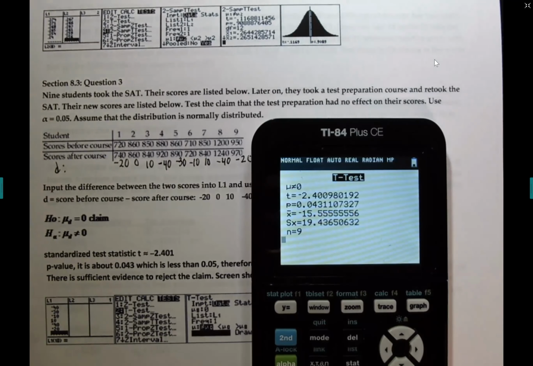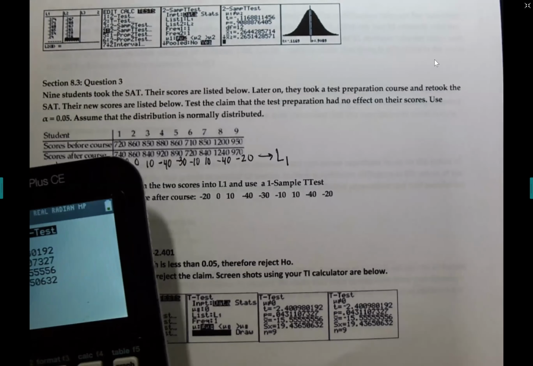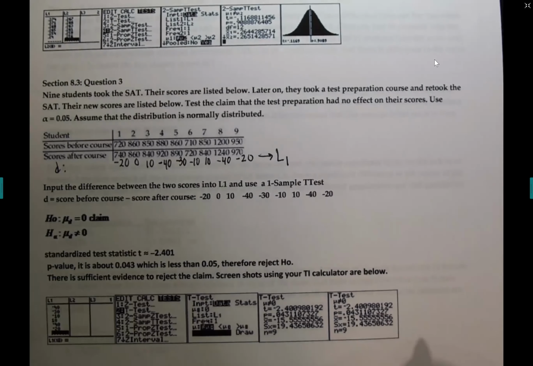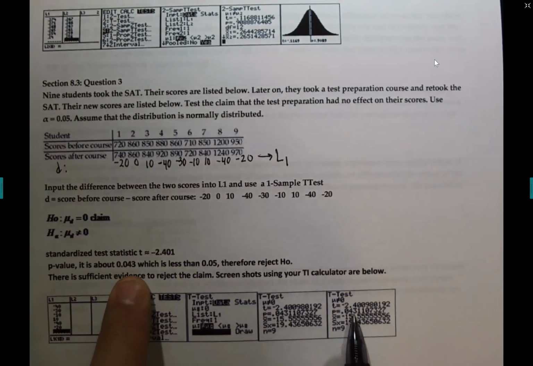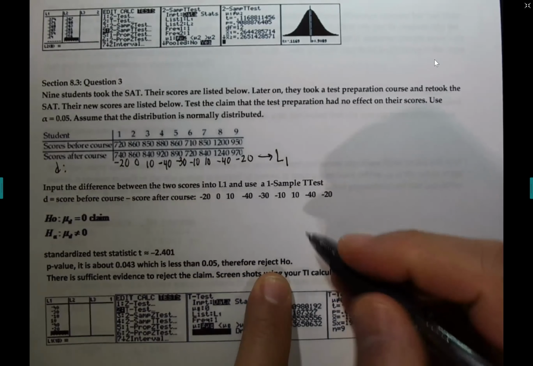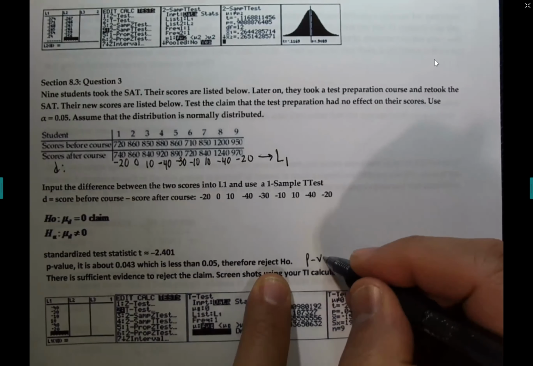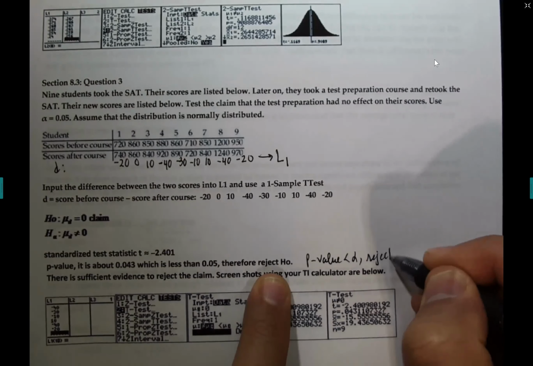T is negative 2.4009. So negative 2.4. Right here, guys, you can see it's the exact same screen that I got. And the p-value is 0.043, which is less than 0.05. So we reject H0. So p-value less than alpha, reject H0.